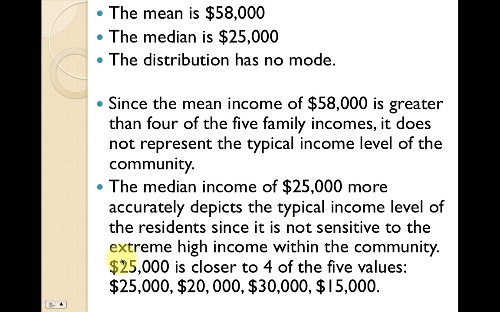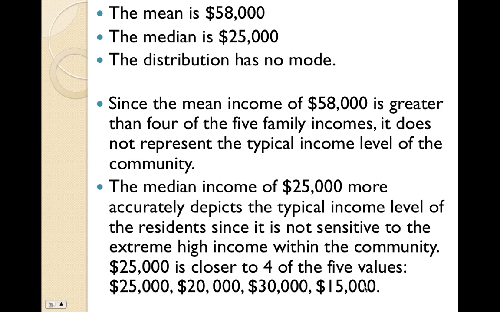Okay, $25,000 is closer to 4 of the 5 values, so it's reasonable to group the 25,000 with the 20,000, 30,000, and 15,000. That would be a typical income, whereas 58,000 is not close to any of these.